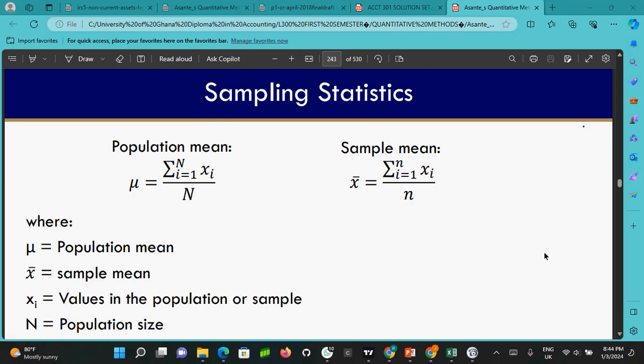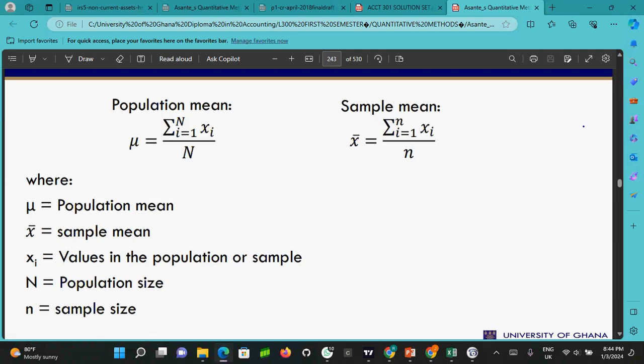So we'll move on. According to the formula here, this U is the population mean, this is the sample mean, and Xi is the values in the population. The values in the population, as I made an example, maybe 30, 40, 22, and those kinds of stuff.